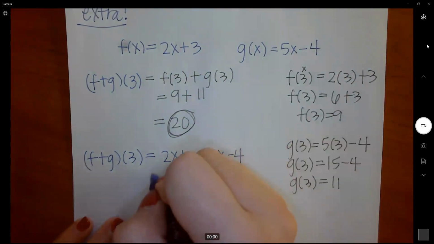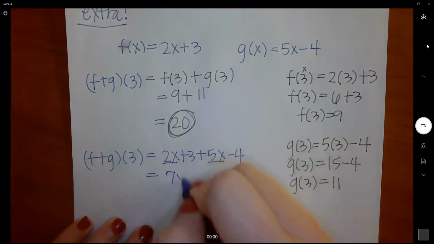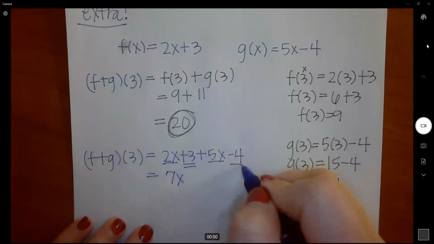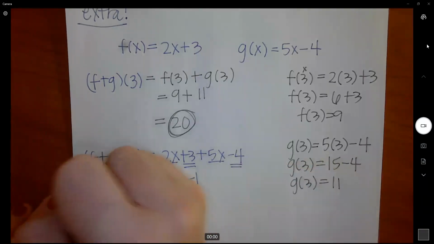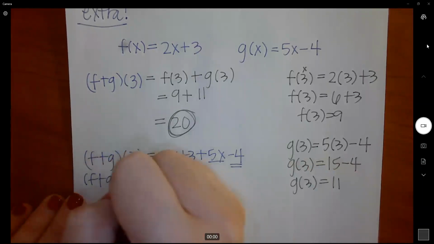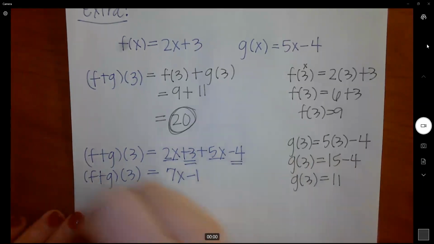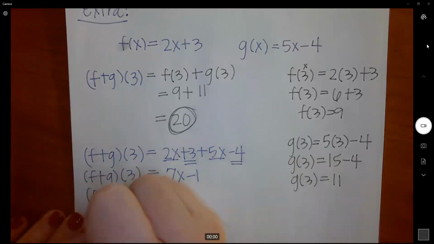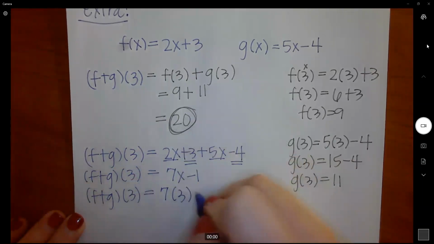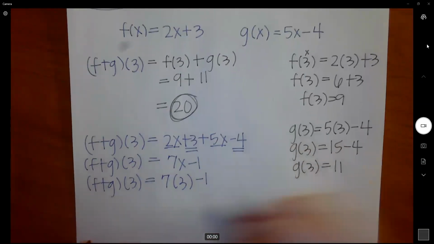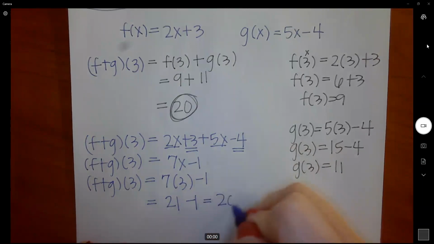Combine your like terms. 2x plus 5x is 7x. 3 minus 4 is -1. And now I can plug in a 3 where I see x. So this would be 7 times 3 minus 1. This is 21 minus 1, which equals 20.